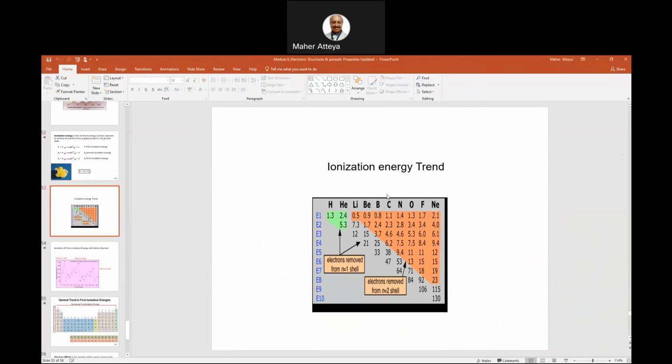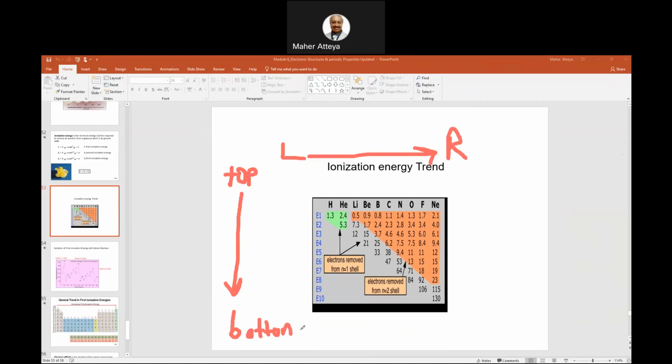This is just the ionization energy trend. Now, can you remember the trend? This is period, left to right. This is group, top to bottom. So tell me what happens to ionization energy.